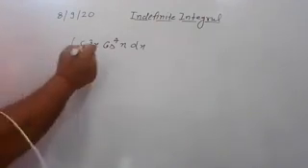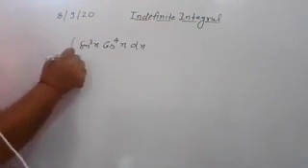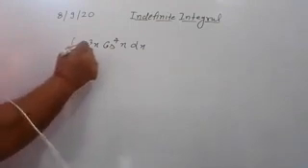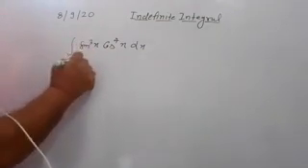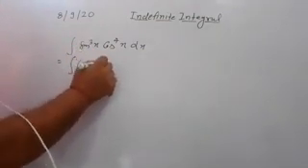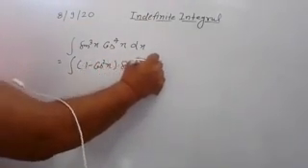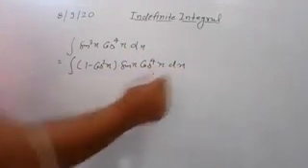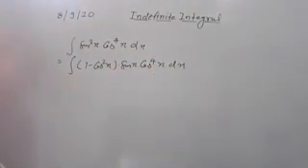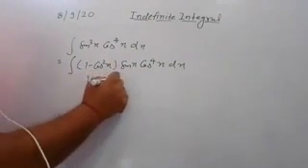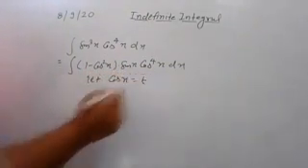So first you write all those things. After that you can take the substitution. So in place of sine square x, you write here 1 minus cos square x into sine x into cos to the power 4x dx. You can write in this way. Now you take here, let cos x is equal to t.